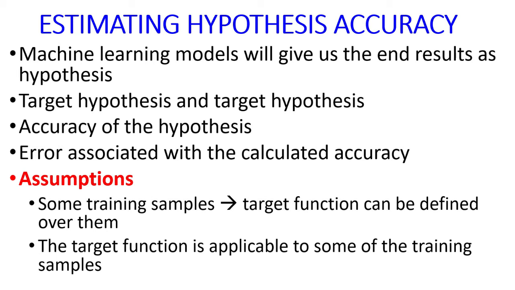If we get the expected hypothesis, then we trust that hypothesis and classify the test samples. We are also interested to know and calculate the error associated with the calculated accuracy.